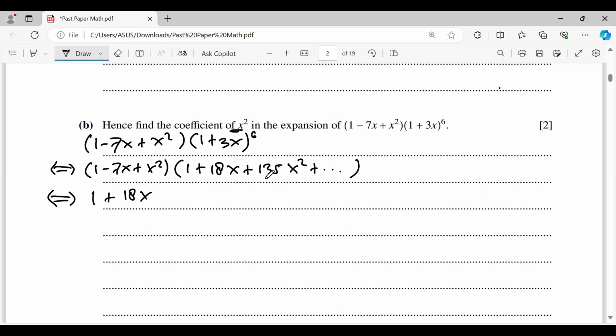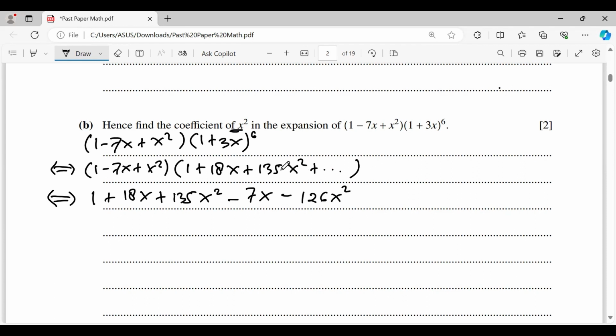And 1 times 135 x squared. Minus 7x. And then minus 7 times 18 is minus 126 x squared.